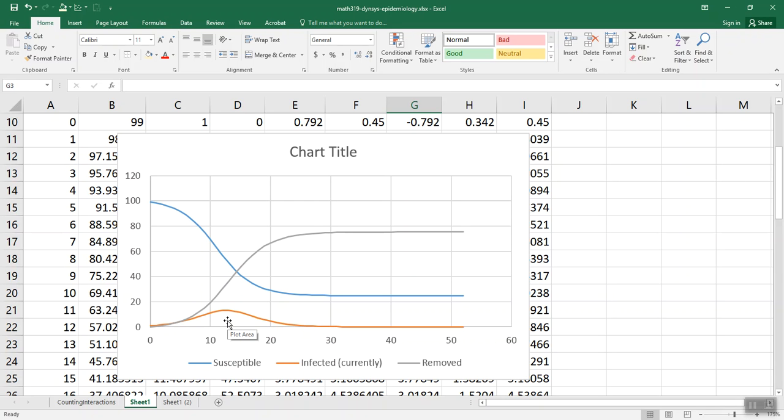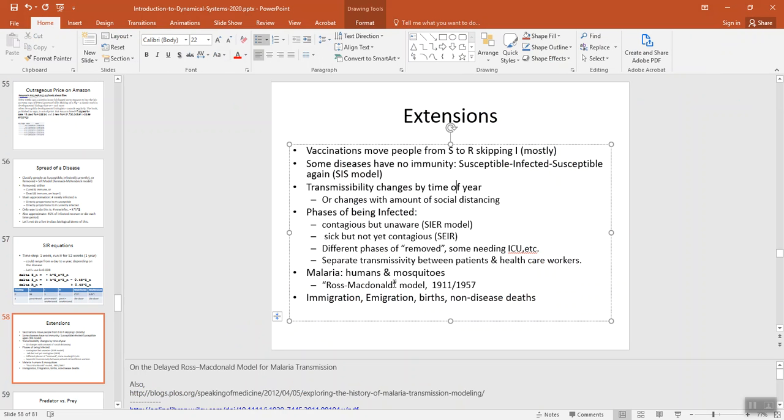Of those, how many people need ICU treatment or ventilators. We also have to think about that transmissivity is different from the general population to each other versus infected patients to healthcare workers. If your healthcare workers are a limited commodity as they often are, then you might need to include a separate compartment to keep track of infections among healthcare workers, for example.